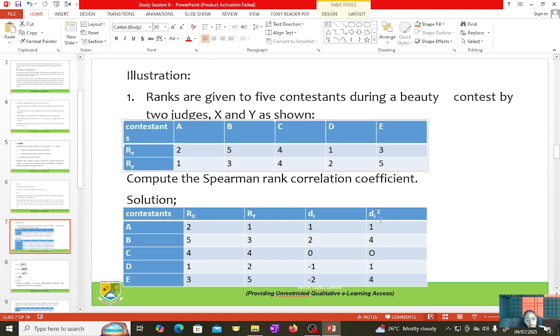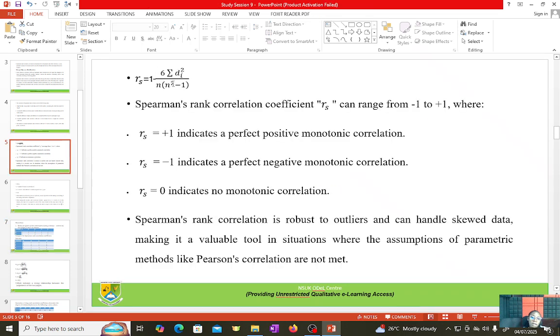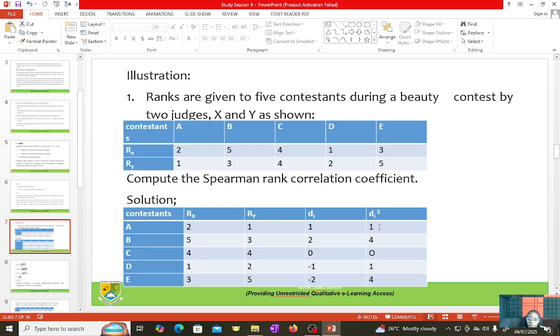After squaring the differences, remember the formula for the computation of the Spearman's coefficient requires that we substitute the sum of the squared differences. So getting the squared differences is not enough. What we need now is the sum of all these squared differences. And by the representation on this table, we can see that adding them up, we have 10. 1 plus 4 plus 1 plus 4.